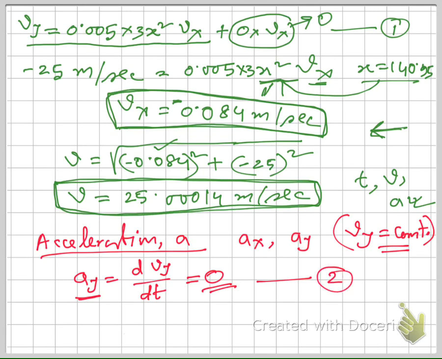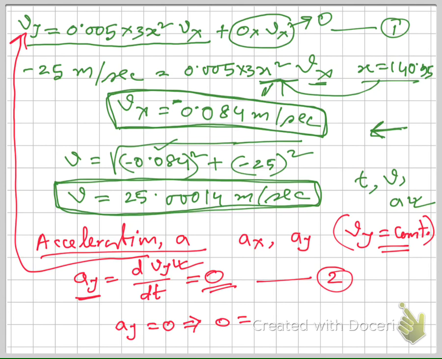Now, from definition, we know vy here is equal to the equation up here. So we can write ay, which is equal to 0, which is again equal to, if we get it from here, 0.0515 x square vx.